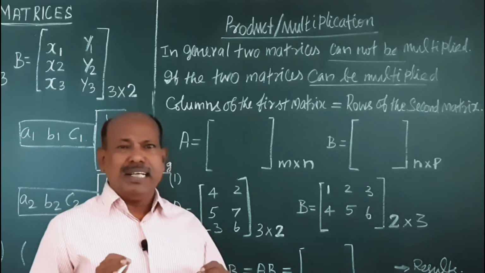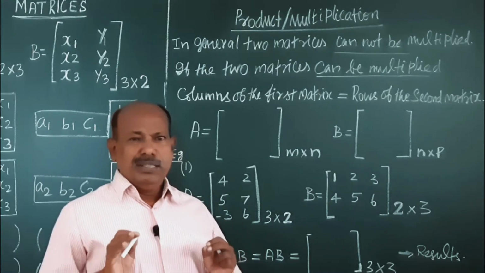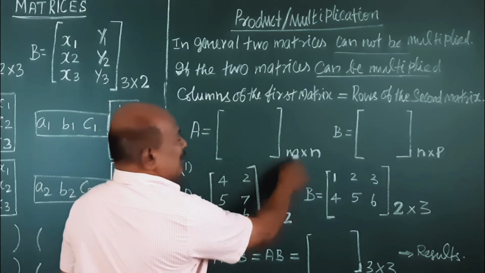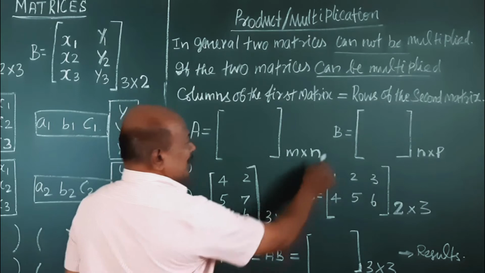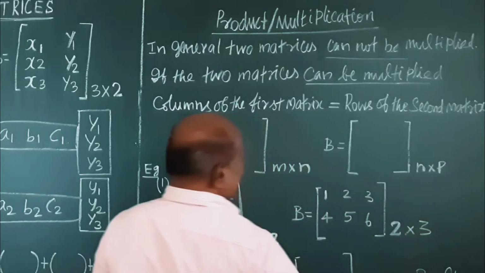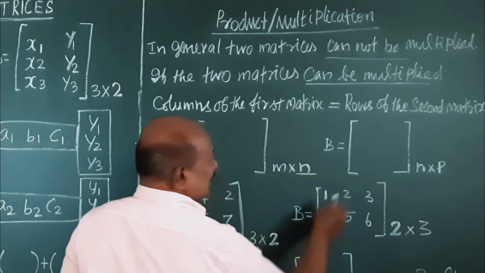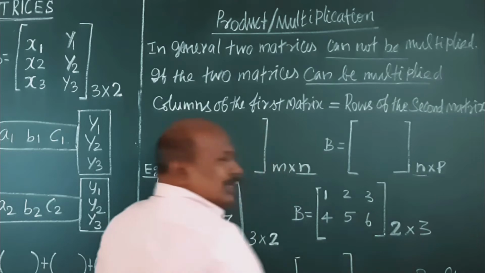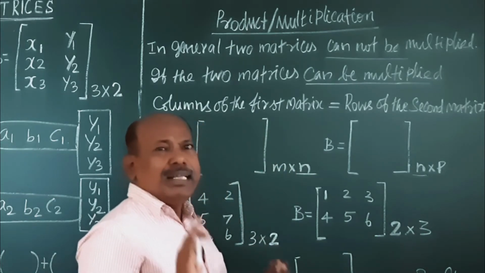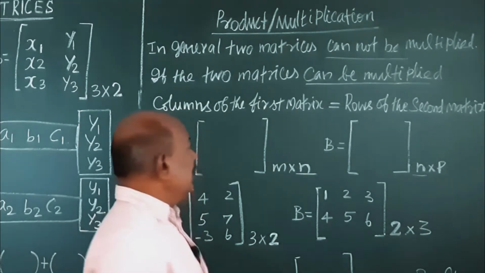If it is so, the multiplication of matrices is possible. Here A is an m by n matrix and B is an n by p matrix. Here the column of the first matrix is equal to the row of the second matrix, so the multiplication of matrices is possible.